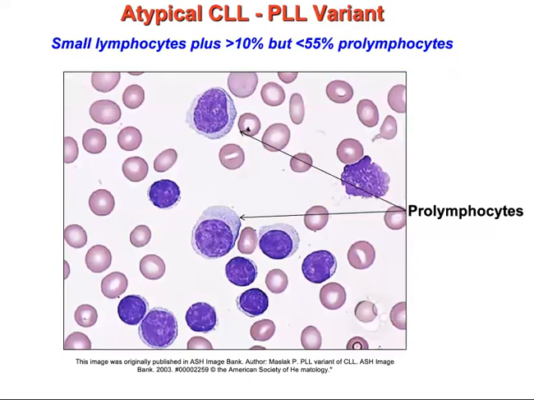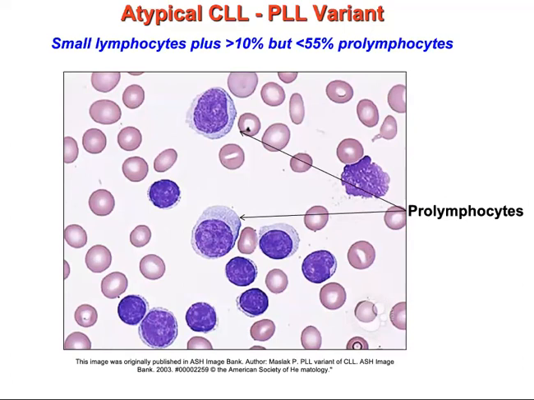Okay. There's also an atypical PLL, which is CLL PLL. PLL stands for prolymphocytic leukemia. Okay, in this variant, there are small lymphocytes and maybe about 10%, but less than 55% prolymphocytes.